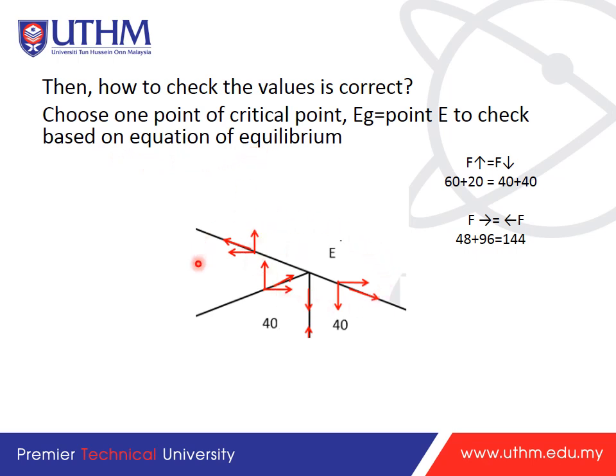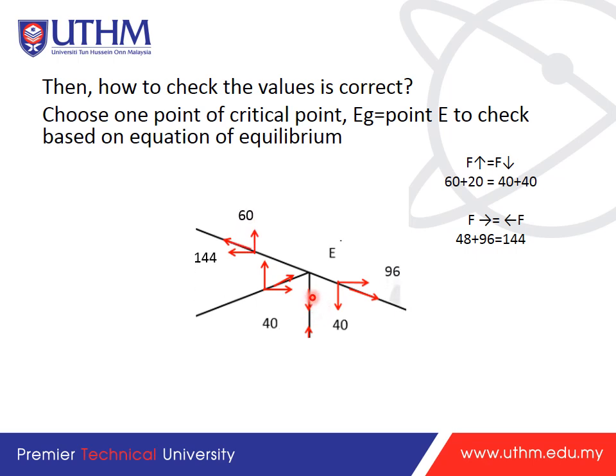So at E you check back here, and based on the equation of equilibrium, you can see we get equal: 144 equal to 144. Just at joint E. We can say joint E will be critical because it involves many truss members.